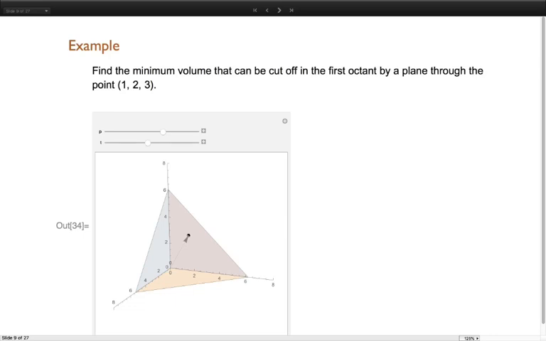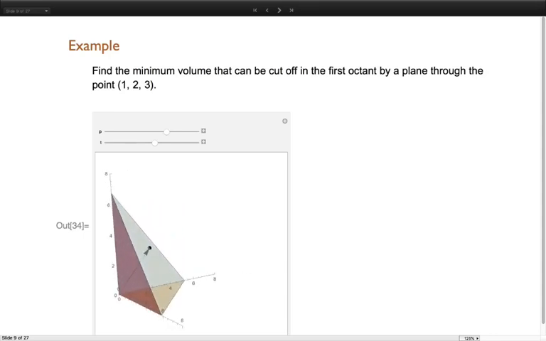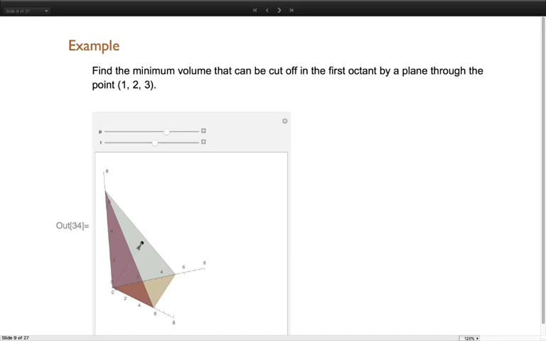It has to go through the point 1, 2, 3, but it can move around a bit, and there are clearly different configurations possible as we move the plane, keeping it through that one point. Let's look at it from another angle here. We see there are different possibilities for volumes, and you get some intuition that there's probably a smallest somewhere here.